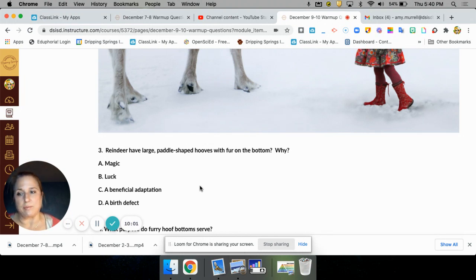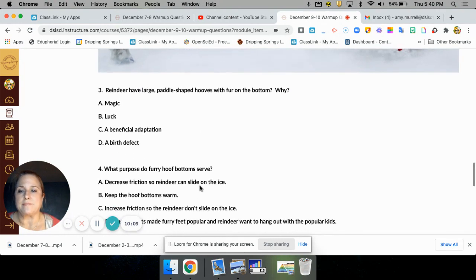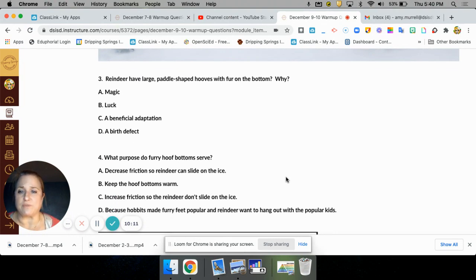Adaptations, if you'll remember, are a trait that has evolved over time that helps the organism survive in its environment. So, what purpose do those furry hoof bottoms serve? They decrease friction so the reindeer can slide. While that might be fun and entertaining, especially to watch that happen, furry hoof bottoms would not decrease friction.